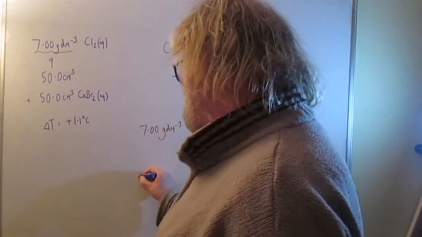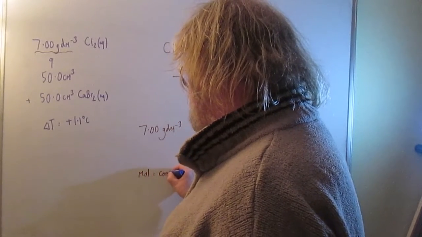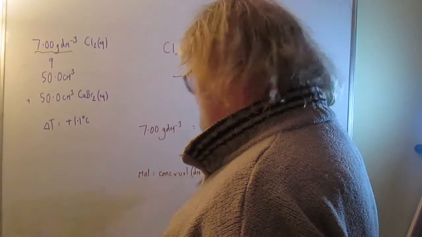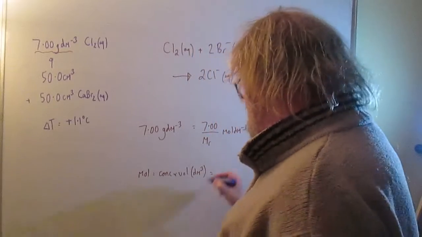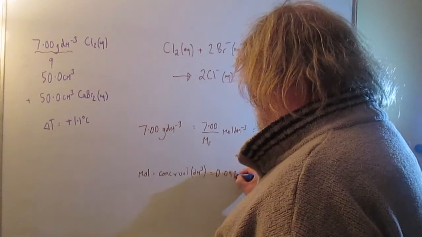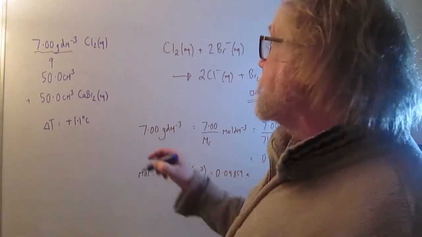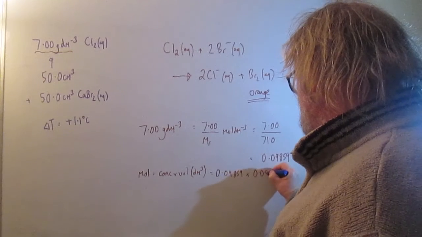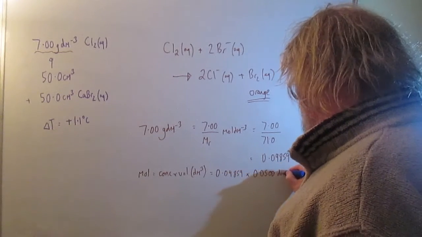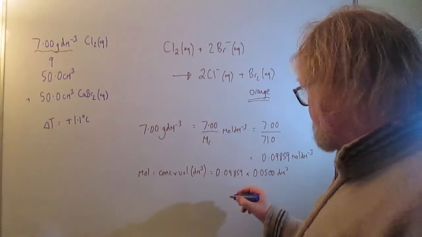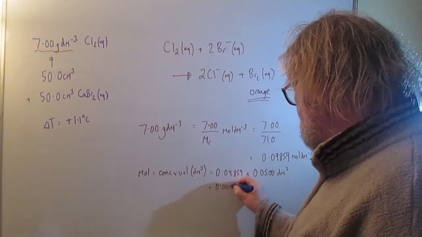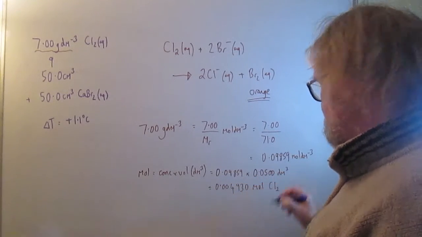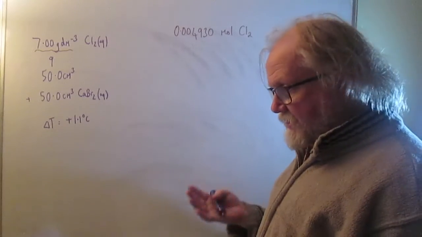So we just get moles is concentration times volume in dm cubed, and we've got the concentration because we've just worked it out, so it's 0.09859, and the volume of chlorine solution that we're adding is 50 cm cubed, so that's 0.0500 dm cubed, and that works out to be 0.004930 moles of Cl2.